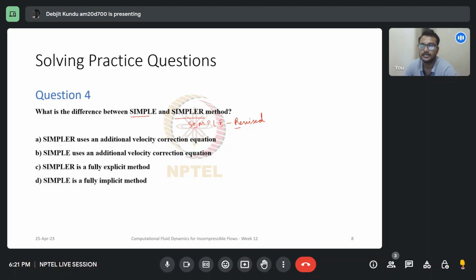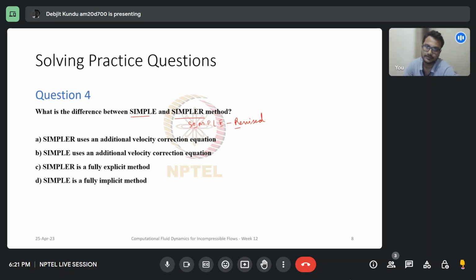So is it option A, SIMPLER uses an additional velocity correction equation? Option B, SIMPLE uses an additional velocity correction equation? Option C, SIMPLER is a fully explicit method? Or option D, SIMPLE is a fully implicit method? So read the options carefully.